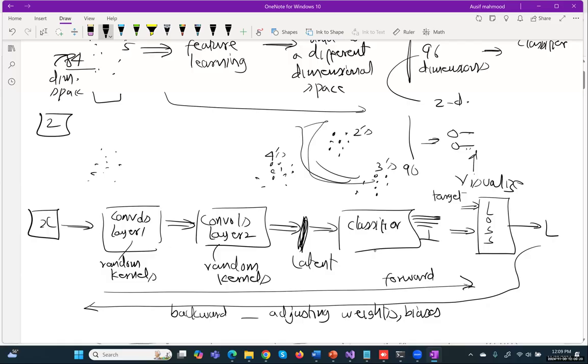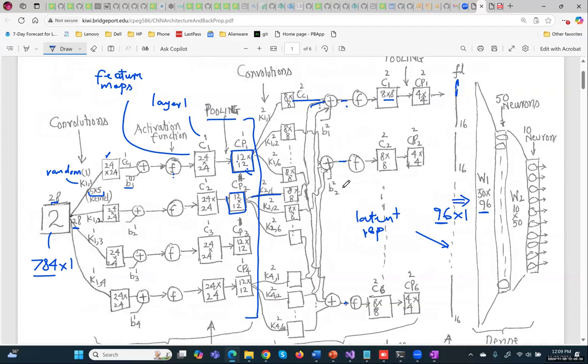So let's take a look at the classifier. How many sets of weights and biases are over here? This is a two-layer network, correct? Suppose there's W1 and W2. So let me show you the picture. Okay, so you can see over here, there is W1, which in this example is 50 by 96. 50 neurons, 96 are the input.